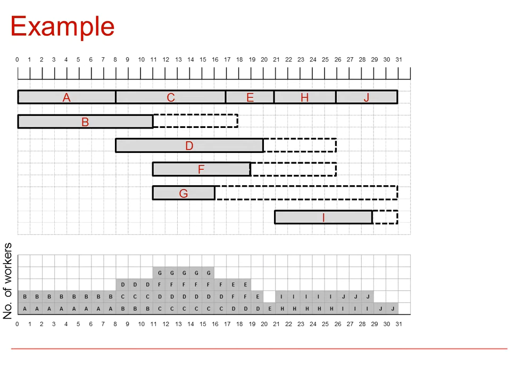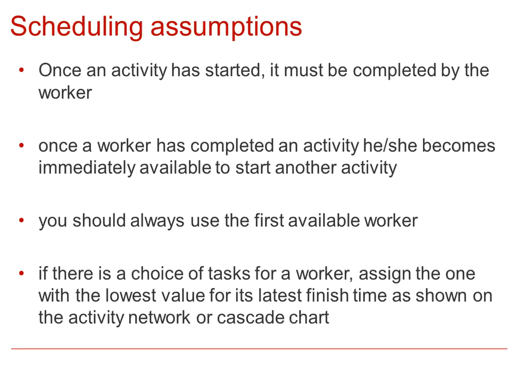Sometimes you may wish to label each block of a resource histogram with the letter of the activity being undertaken. These resource histograms can be used for other resources as well as workers. A schedule then lets the work required from each worker be calculated.